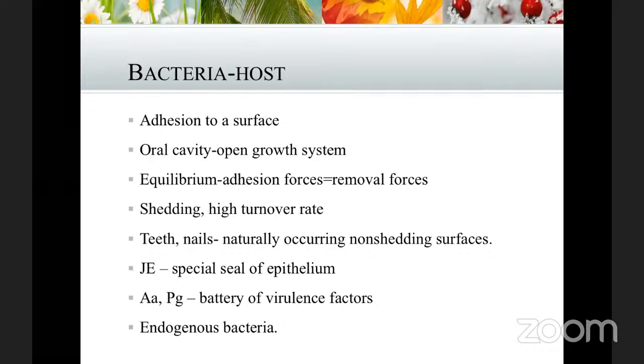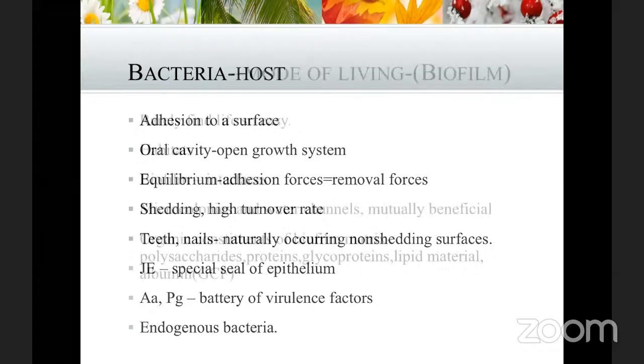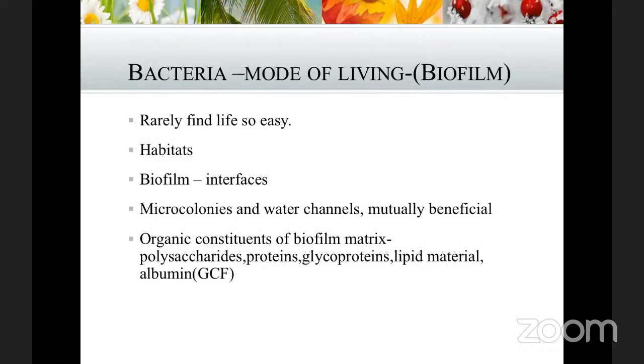When the teeth come into the oral cavity, the first microorganism to adhere is Streptococcus mutans. And this is also a Moore study. We all know that Streptococcus mutans is also known as an obligate periphyte. In the biofilm, it's not easy for a bacterium to live life solely, so they form a biological film.